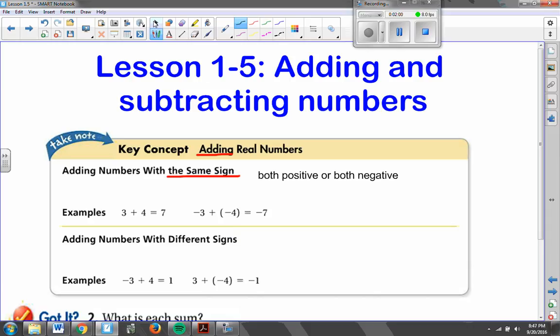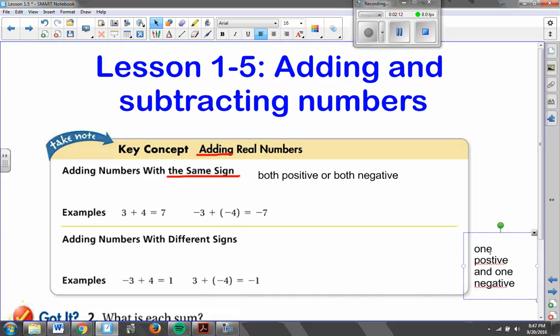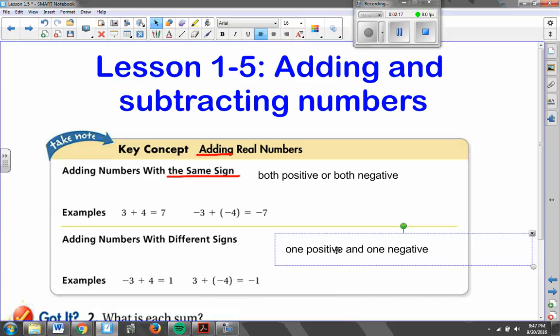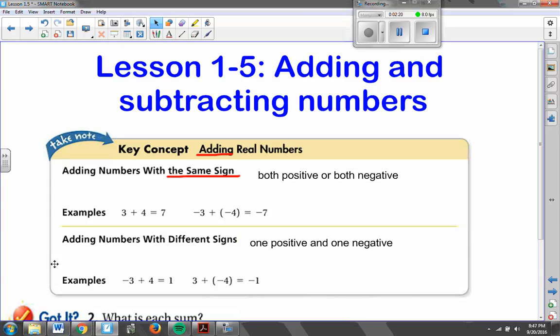Okay? Now when we have numbers with different signs, meaning one positive and one negative, that's when things get a little bit different for us. So one positive and one negative means we're actually going to subtract the two numbers, and our answer is going to have the sign of the bigger number. Okay, so here we have a negative 3 and a positive 4.